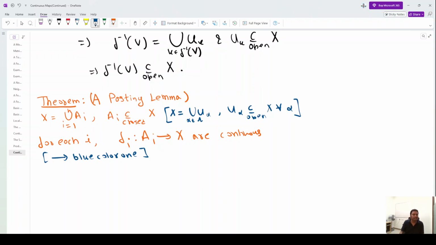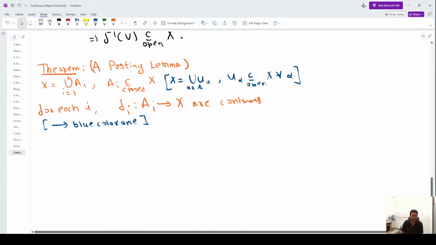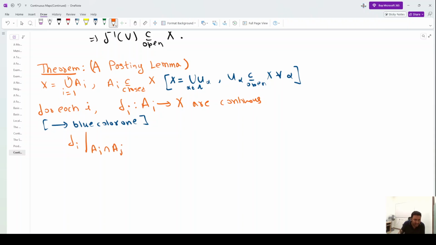Now, there's one more condition. When you restrict the map f_i on A_i intersection A_j, and you restrict f_j also on A_i intersection A_j, they have to be equal for all i not equal to j. If i equals j it doesn't matter, right?